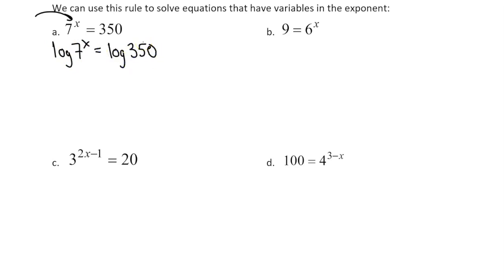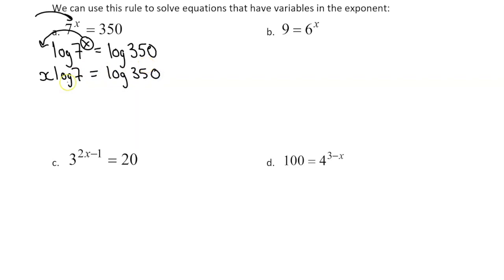And if you do something like that, then using your power rule, you could take this x right here and kick that in front. And if you do that, you would get x log 7 equals log 350.